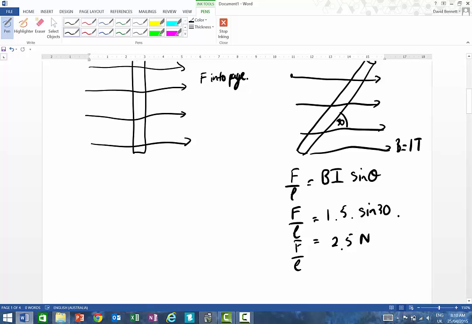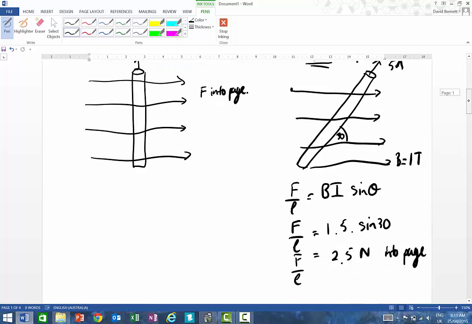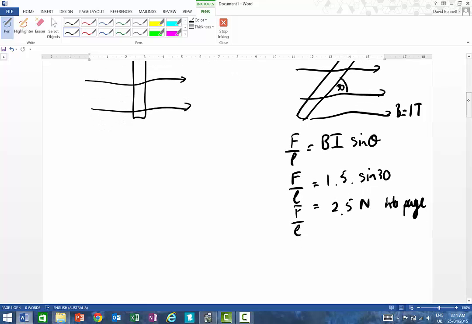And obviously the direction is going to be sort of into the page. It's not quite totally into the page, but it is directed into the page. Generally, if it was a moving charged particle, it might actually spiral, and that's quite interesting when you look at things like that. Okay, so that's all the current carrying wires.